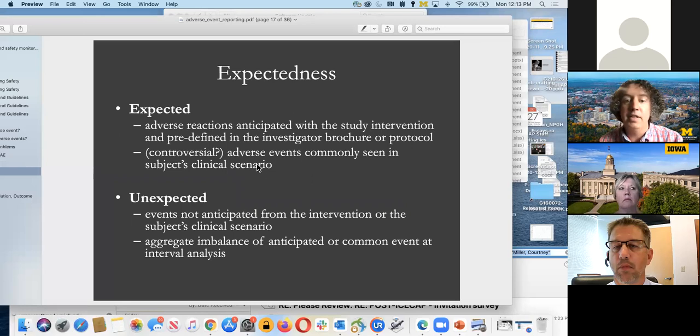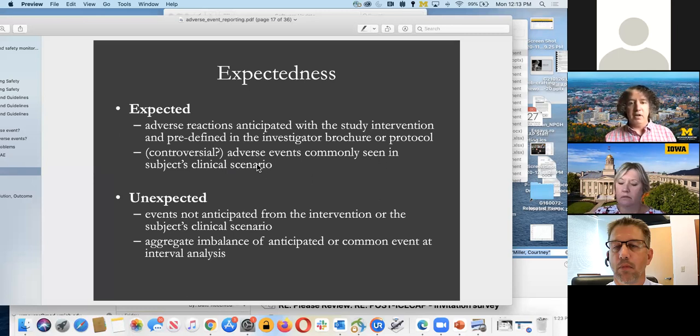Expectedness is things that can be anticipated. You've talked about it in the protocol, or if it's a drug in the investigator brochure. So there's notes from animal data and so forth that this could be occurring, and potentially things that are commonly seen in the clinical course of the disease.